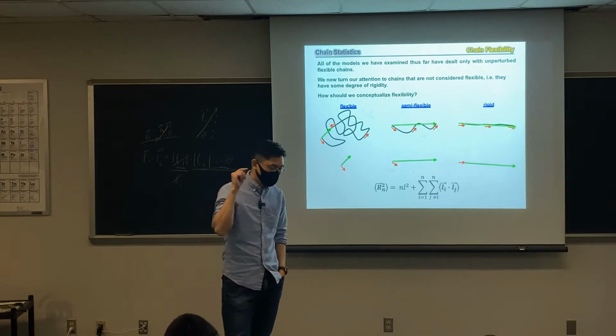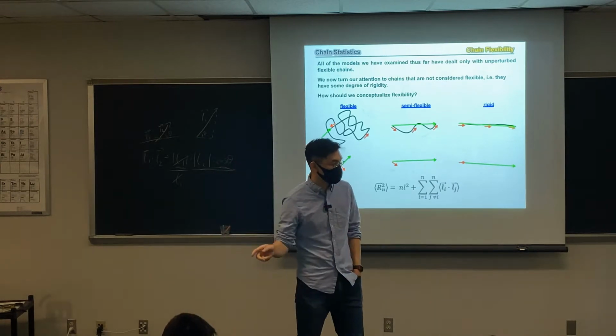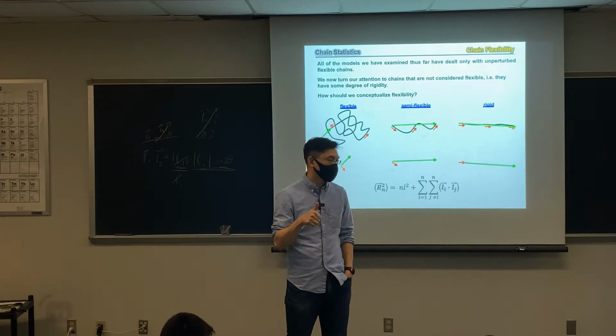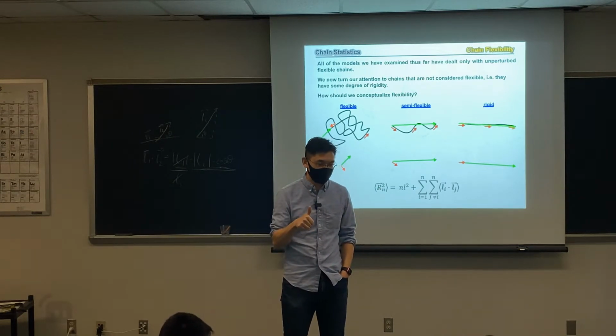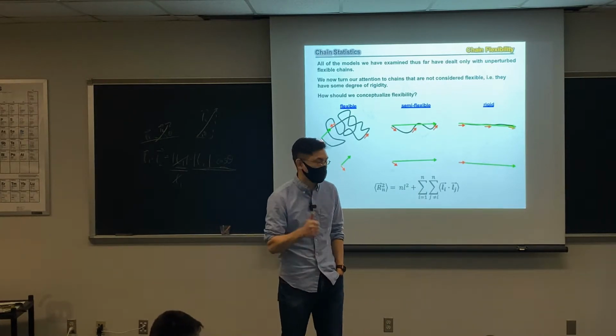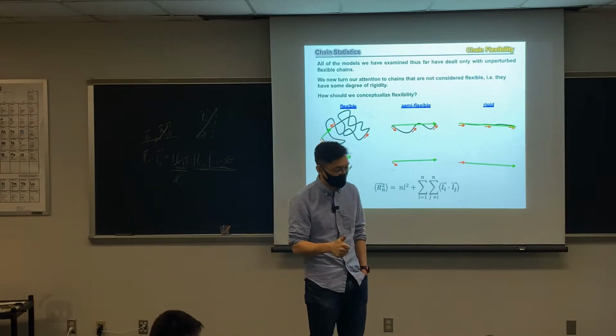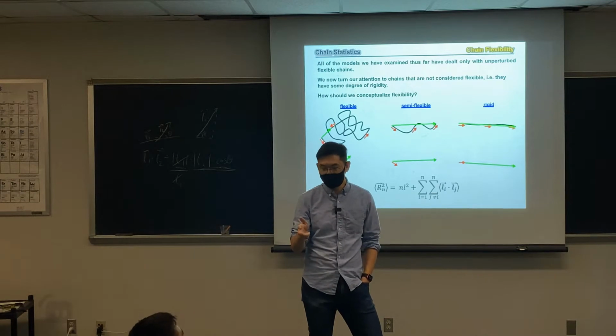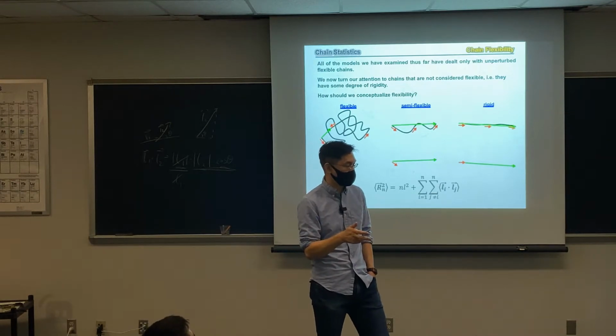So let me say two things about next class. Next class, we're going to talk a little bit about the worm-like chain. Once we finish the worm-like chain, we have one more thing to describe, which is how we measure the end-to-end distance experimentally. So we're going to cover radius of gyration in 2 lectures, and that is a useful parameter.